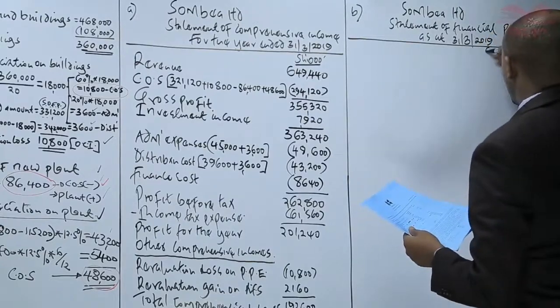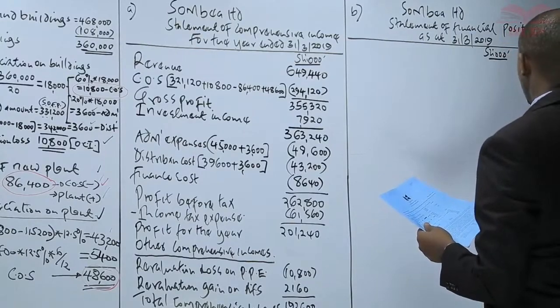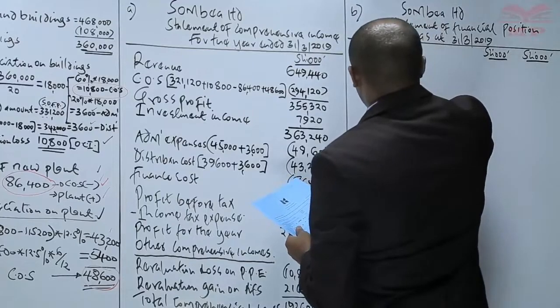So in our case, we need to have two columns here, like that. And we start with non-current assets.